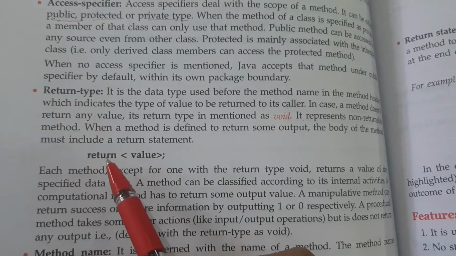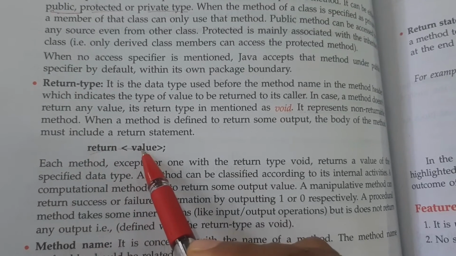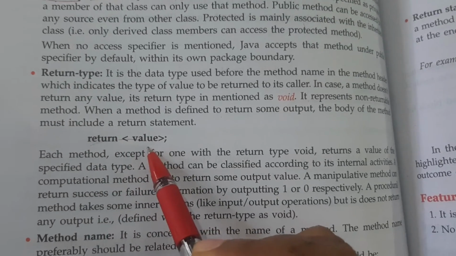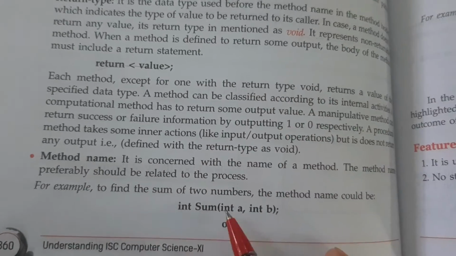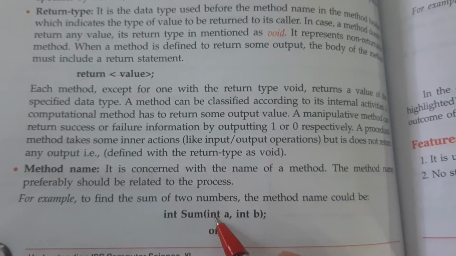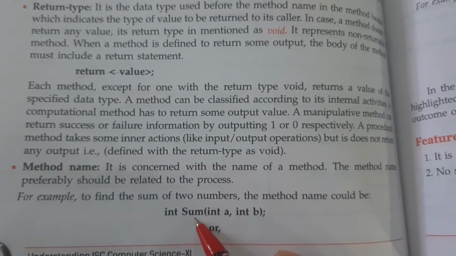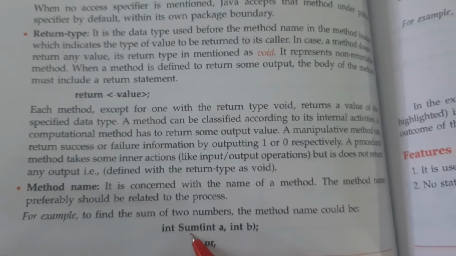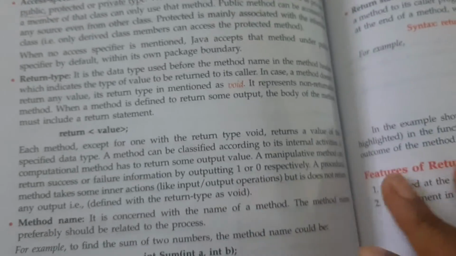Next is the return type. You know why we use the return type: it is used to return the value from the function. Then the method name, any name. Suppose here you have given sum, here you have given add. If you write any name just before this bracket, that is called the method name.